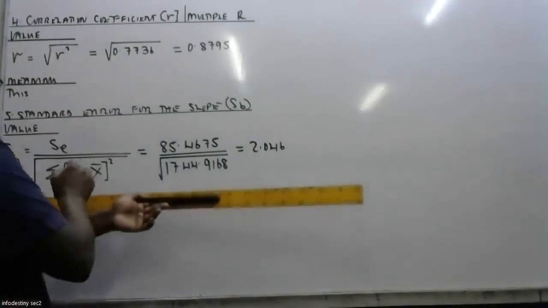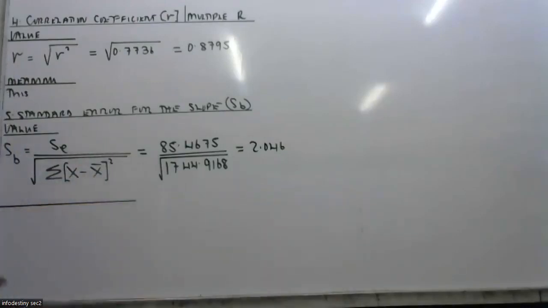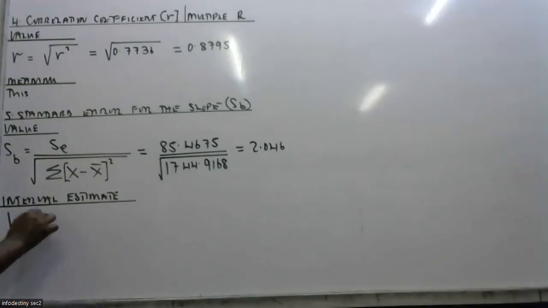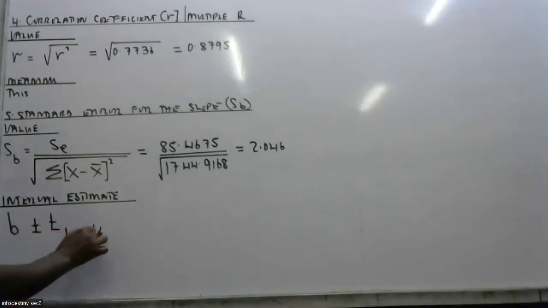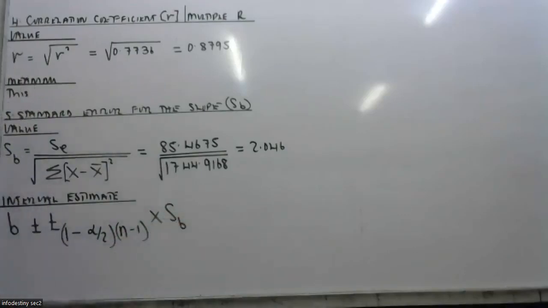Still, besides the error contained in the value for the slope, we also get what we call the interval estimate. The formula for the interval estimate for the slope is b plus or minus t, 1 minus alpha out of 2, n minus 1, multiplied by SB.